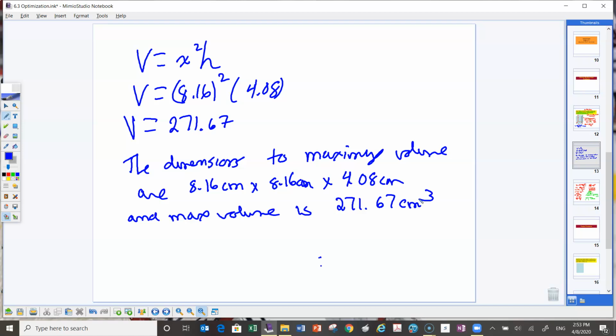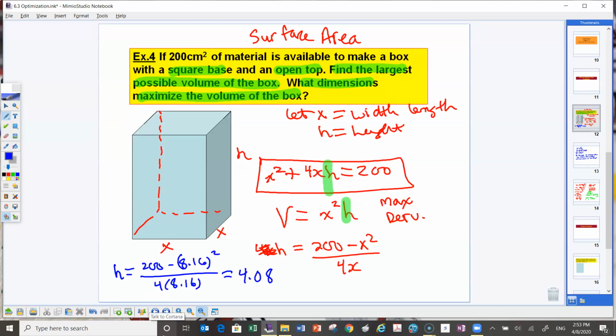And that's the end of the problem. So again, very similar to how we did the other ones. Develop two equations, plug one into the other, take the derivative, solve for x, and then answer the question.